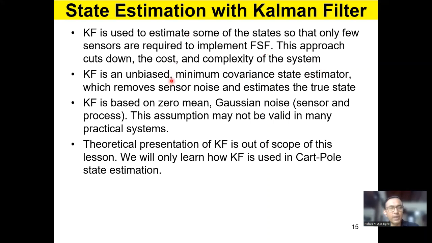It doesn't have any prediction error or bias, and it removes sensor noise and estimates the true states. Because when you have the two sensors to measure the cart position and pole angle, anyway, you have sensor noise. You need to do some sort of filtering. So why don't we use the Kalman filter, which will not only filter out the sensor noise, but at the same time estimate the other two states.